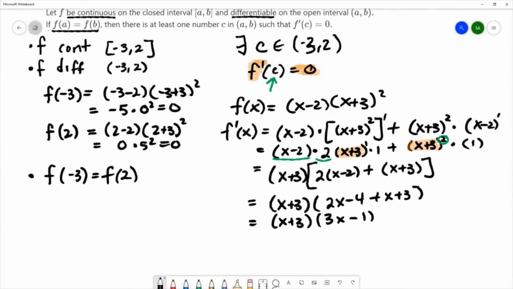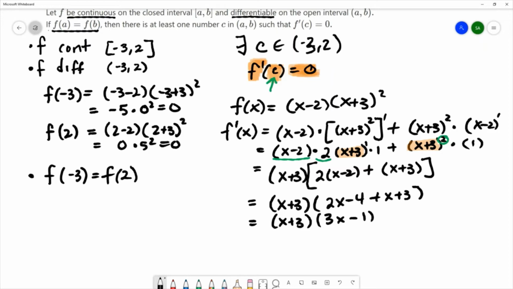So I've calculated the derivative and written it in factored form. So let me just remind you what we're doing here. We're trying to find this value of c that is guaranteed by the theorem. We've calculated the derivative, and now we want to create the equation where we set the derivative equal to 0 so that we can solve to get that value of c.